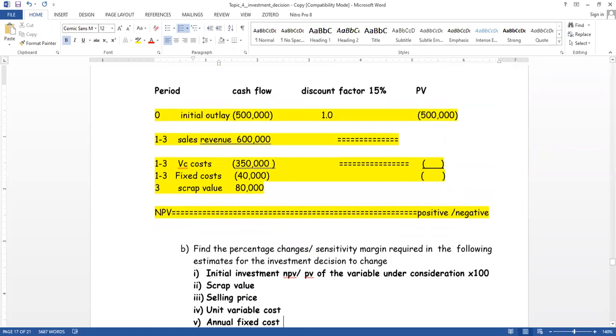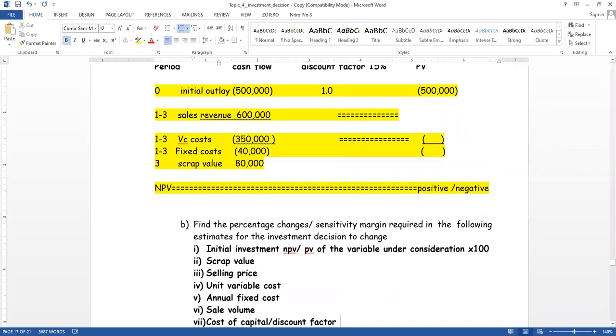And when I'm looking at sensitivity, I'm looking at how sensitive. Now, assuming I got a positive NPV here, that means that the project is viable, is worth undertaking.